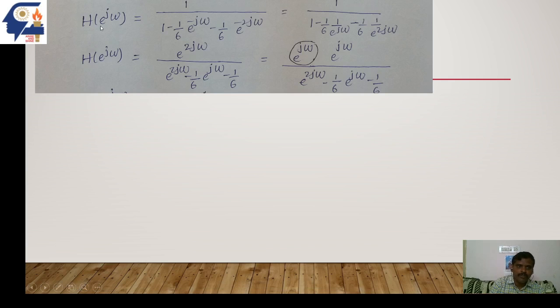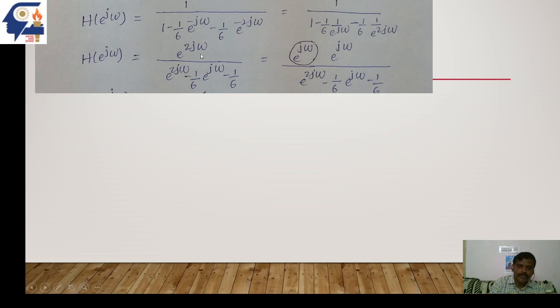H of e power j omega is equal to this one. Take LCM, e power minus j omega will become 1 by e power j omega. E power minus 2 j omega will become 1 by e power 2 j omega. If you take LCM, the numerator will be e power 2 j omega over e power 2 j omega minus 1 by 6, equal to this one.